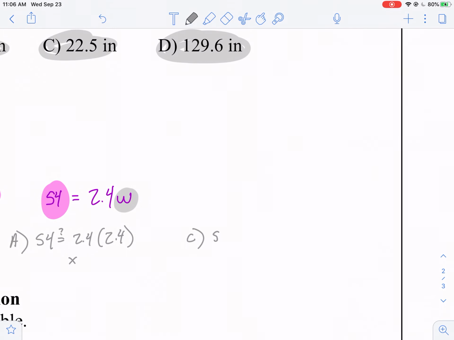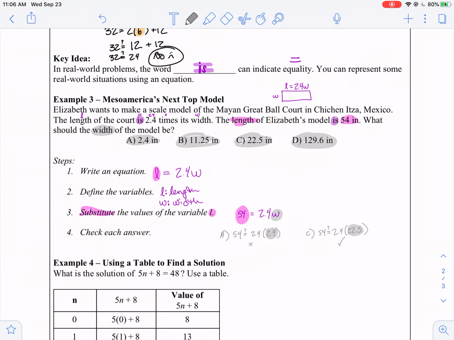So we say, is 54 equal to 2.4 times 22.5? Yes, that ends up being true actually. So we substitute each of our answers in for W, and it ends up being C. C is our correct answer. Awesome. So that's what we get.